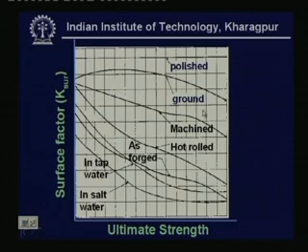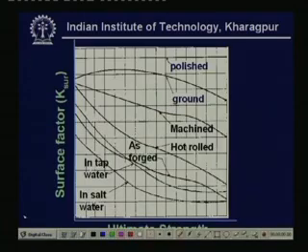This is just a schematic representation; no values have been given over here. Similarly, one considers the surface factors for a material which is ground, this is unmachined, this is hot rolled, this one is as forged, and this one is in tap water, and this is in the salt water situation.